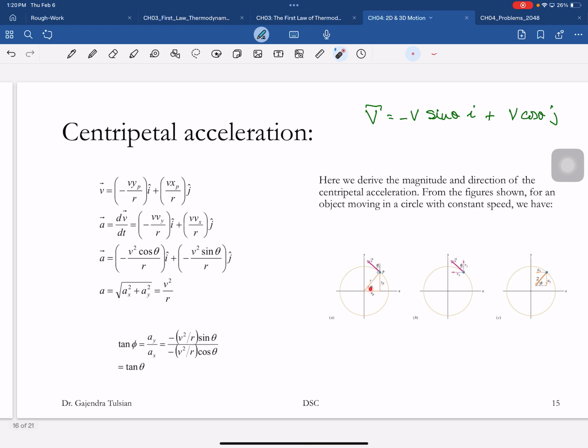Let's look at this triangle. Sine theta is y divided by r. And what is cosine theta? x divided by r.